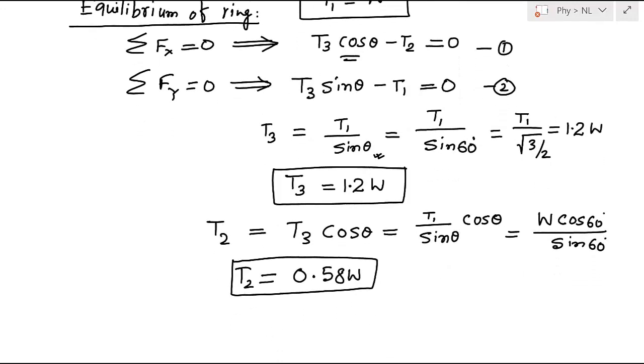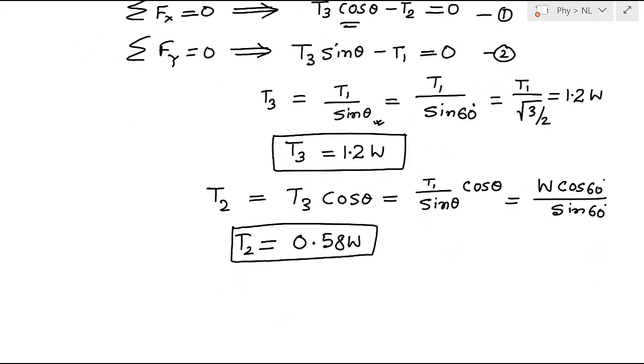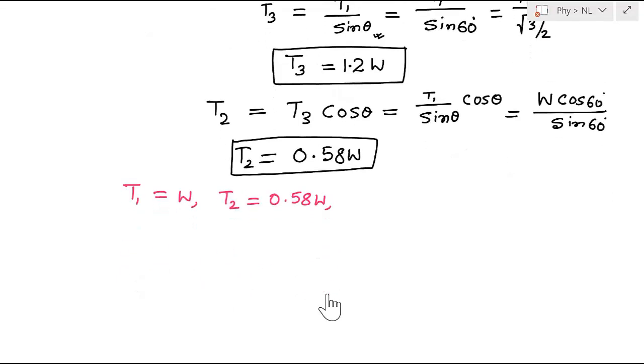So T1 is equal to W, T2 is equal to 0.58 W and T3 is equal to 1.2 W. I can show all this in a free body diagram.